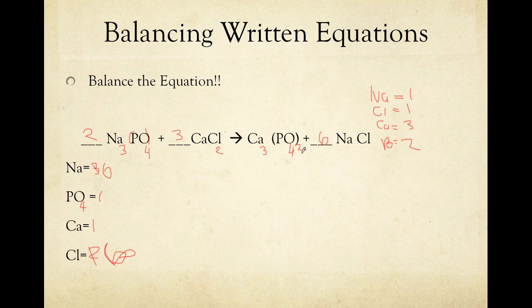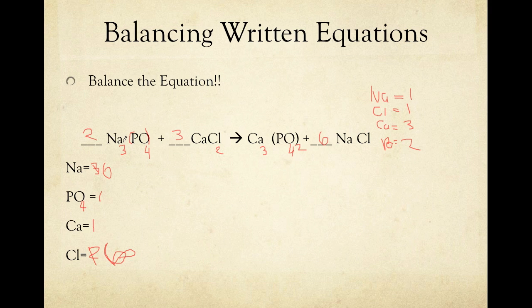We have 2 molecules of phosphate on this side. So here is an understood 1. We usually don't write the 1, it's understood. This would be the balanced equation for sodium phosphate plus calcium chloride yields calcium phosphate plus sodium chloride. This is how the balanced equation would look.